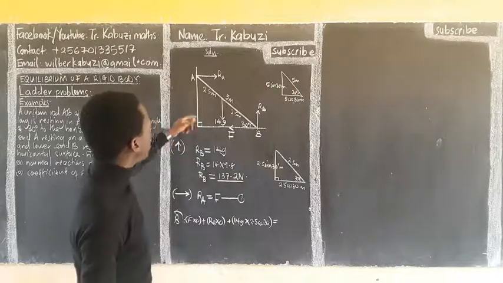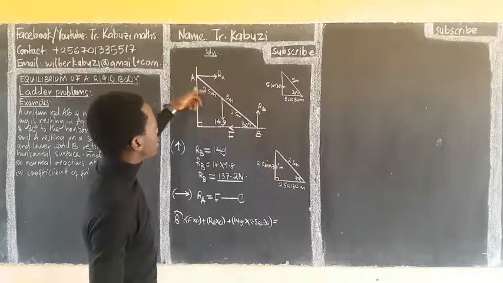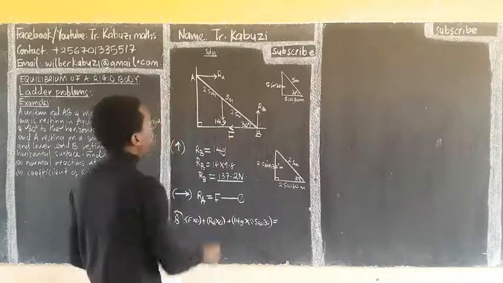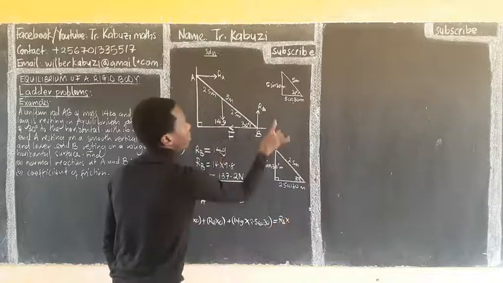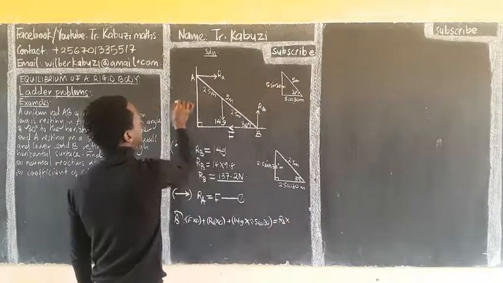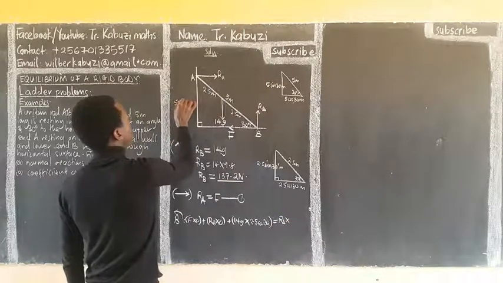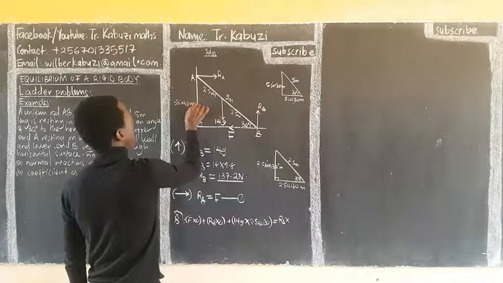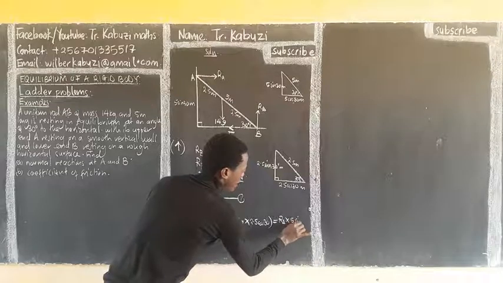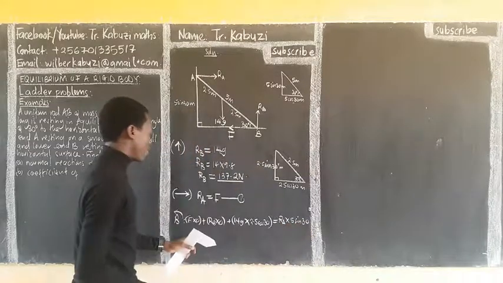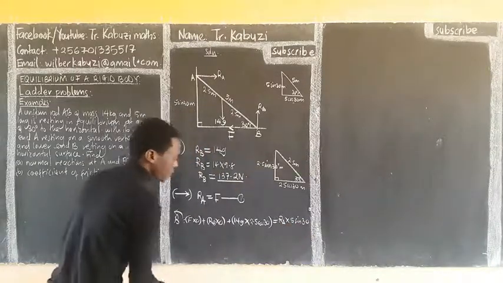So now I need this opposite. That's why I'm adding now that. So I'm going to say RA times now, this is the height here. It's going to be now 5 sin 30 meters. So this is going to be 0. We have this.